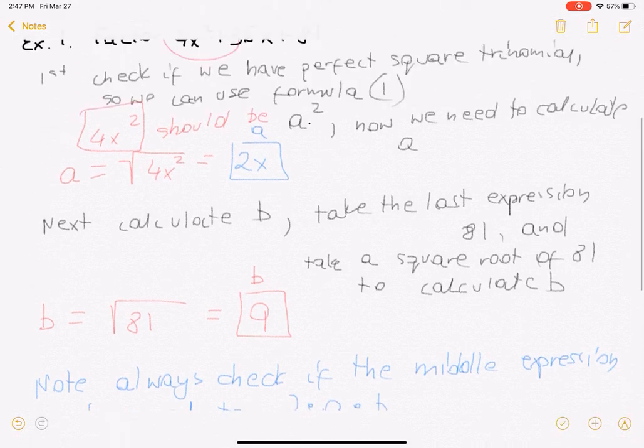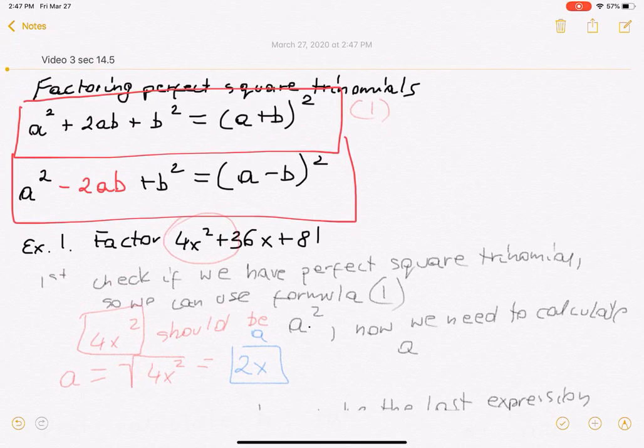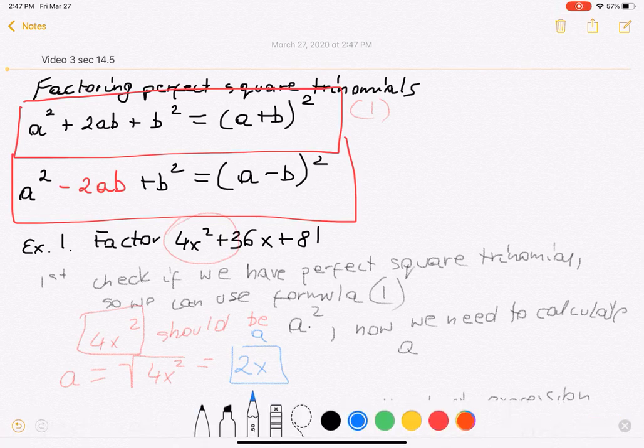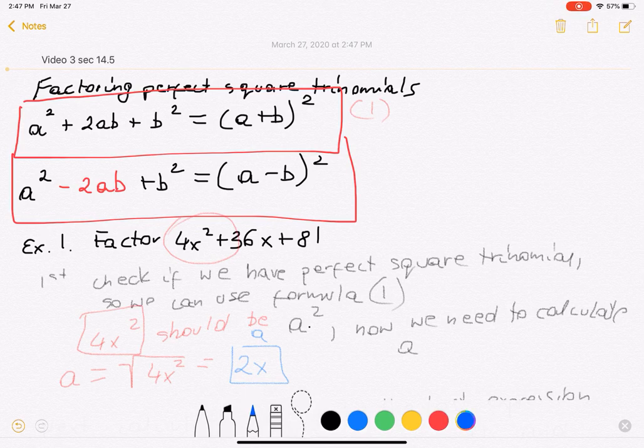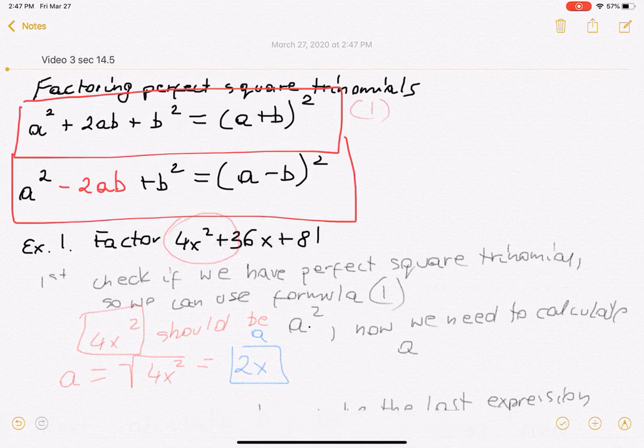Why are we going to check that? We're working with the first perfect square trinomial formula. So the first expression should be a squared, the last should be b squared, and the middle expression is the double product of a and b together. So we need to check if 2 times a times b will give us 36x.